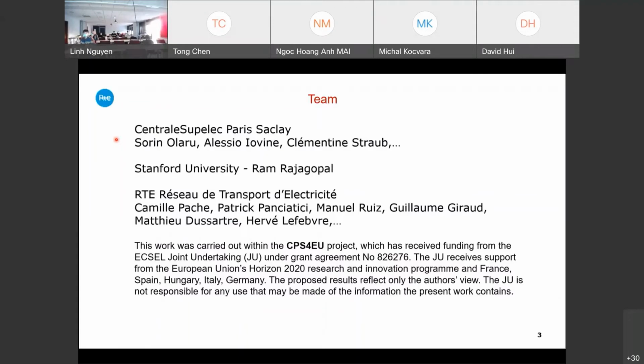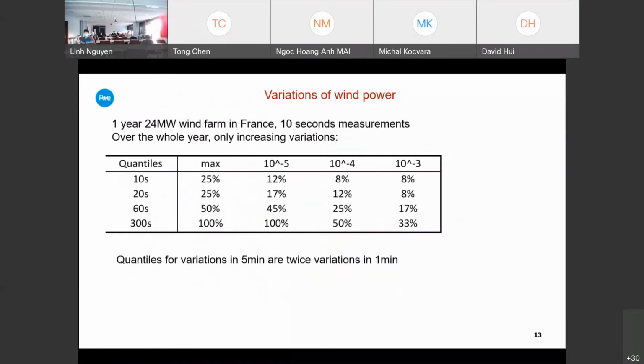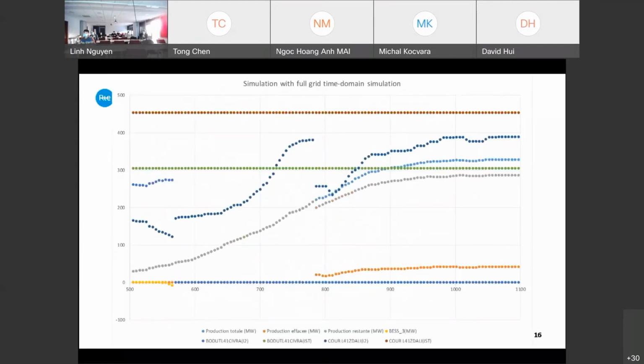We are doing industrial code, and our industrial optimization code is the same used in the software, in the real automatons, and in the simulation. So the simulations use exactly the same optimization or MPC framework as the real software. This was a major success of this project, to be able to have the same optimization code in simulation and in real time. It's the first time we have it in RTE.